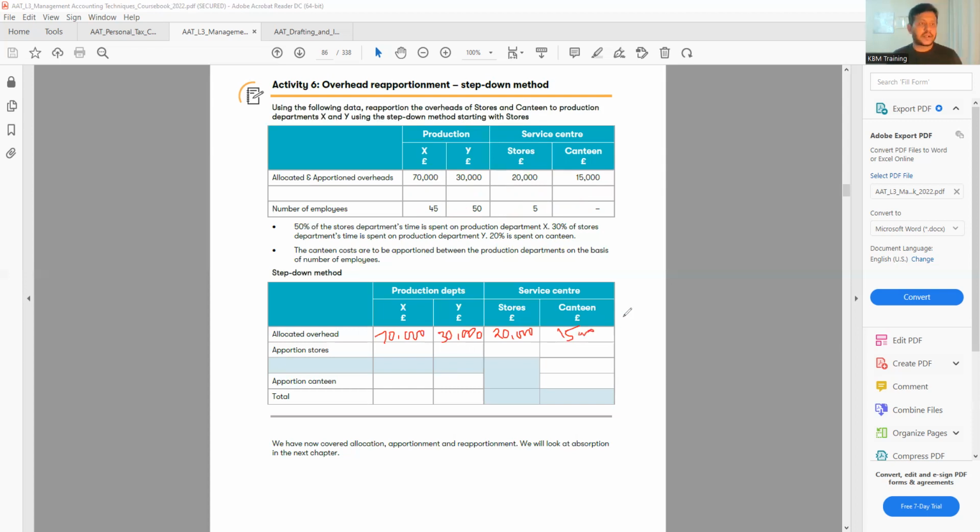Okay, now can we do the store first? 50% will go to X. So 50% means 10,000 will go to X. And then 30% will go to Y. So Y will be 6,000.